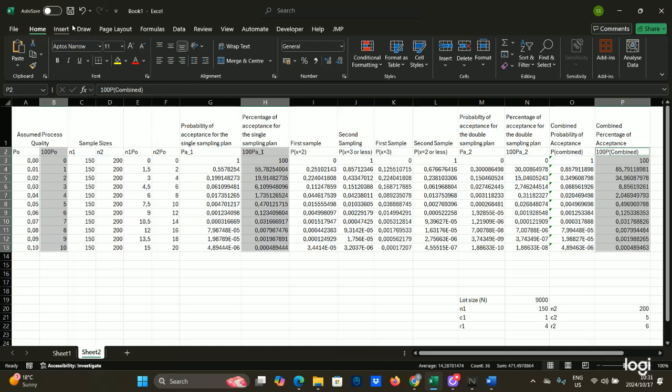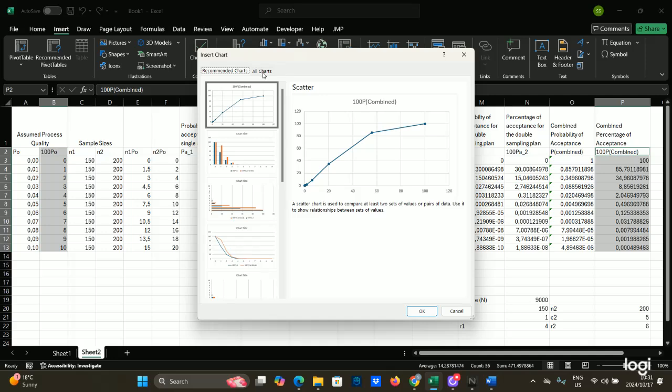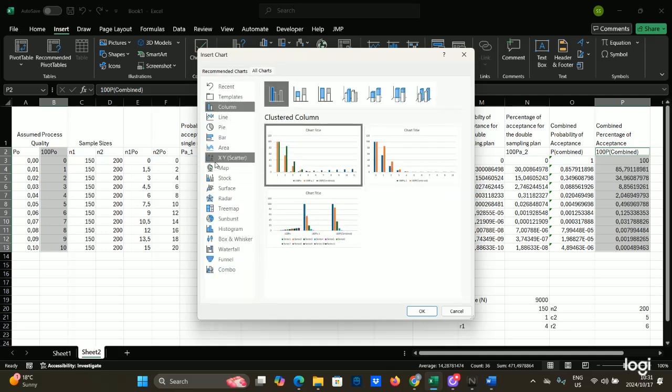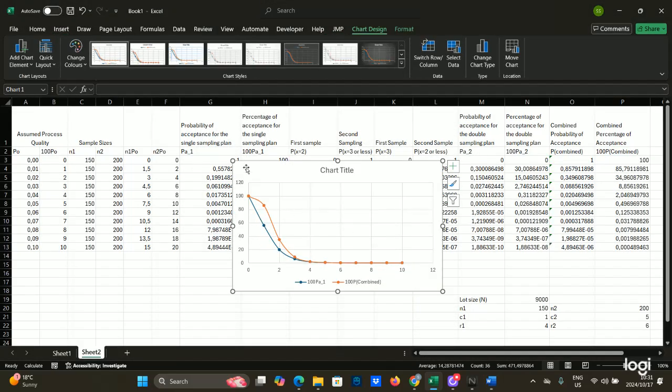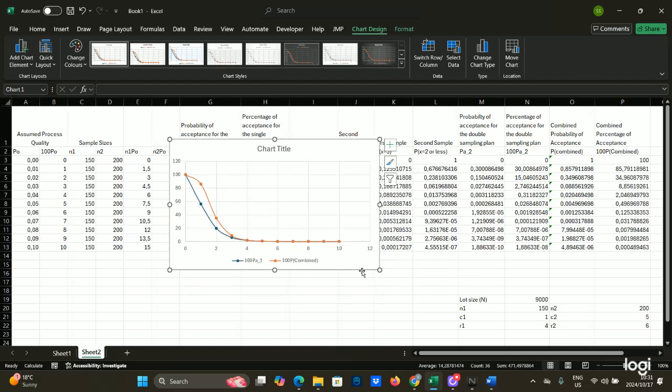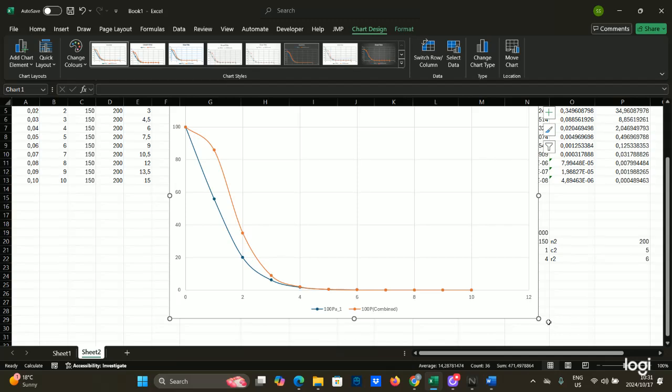And then we go to insert, recommended charts, then all charts, then scatter plot, and then we select this one. No, so now this is our OC curve, right? Now if I can make this bigger, it's too big.